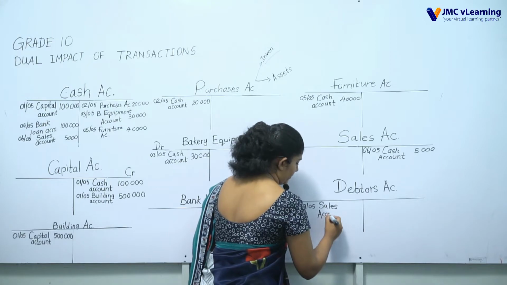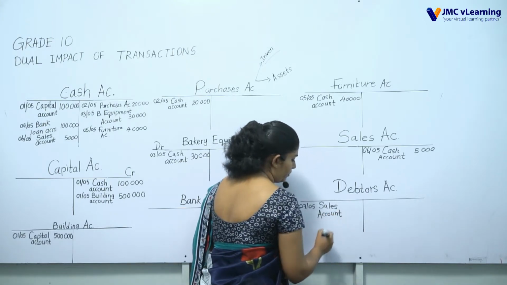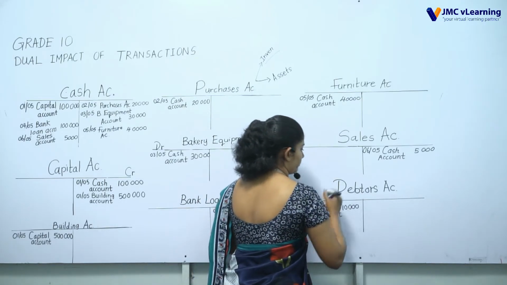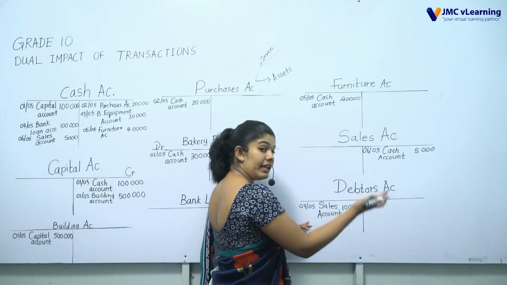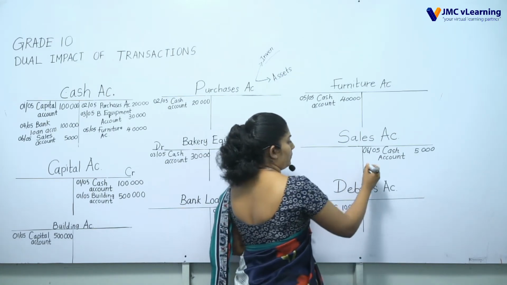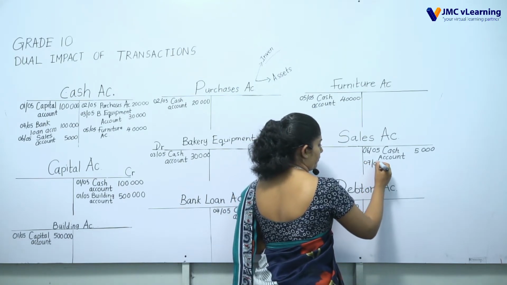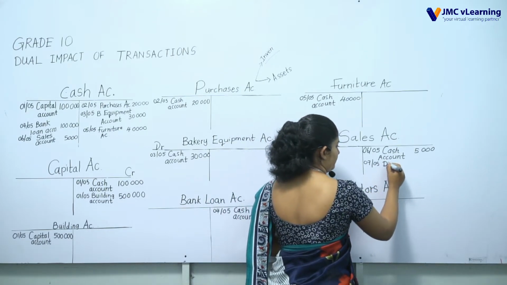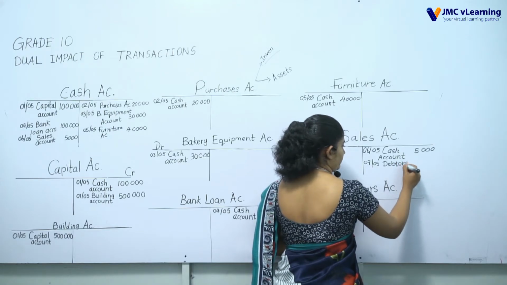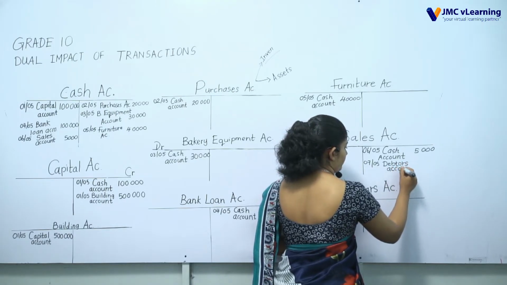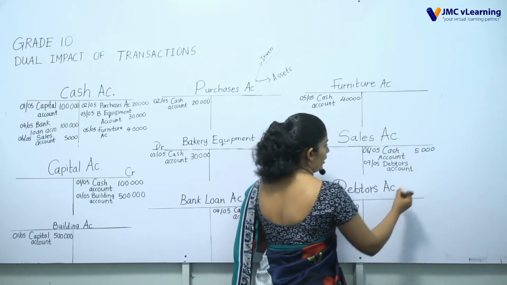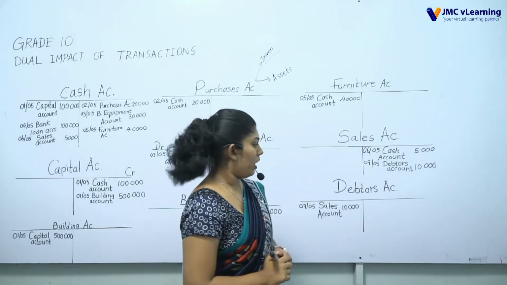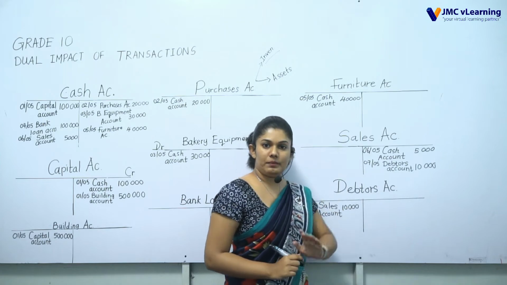We are making sales. Sales account, how much? 10,000. And also we have to record it in the sales account, 7th of May. The other entry is in debtors account, $10,000. Okay. Now our debit entry and the credit entry is complete.